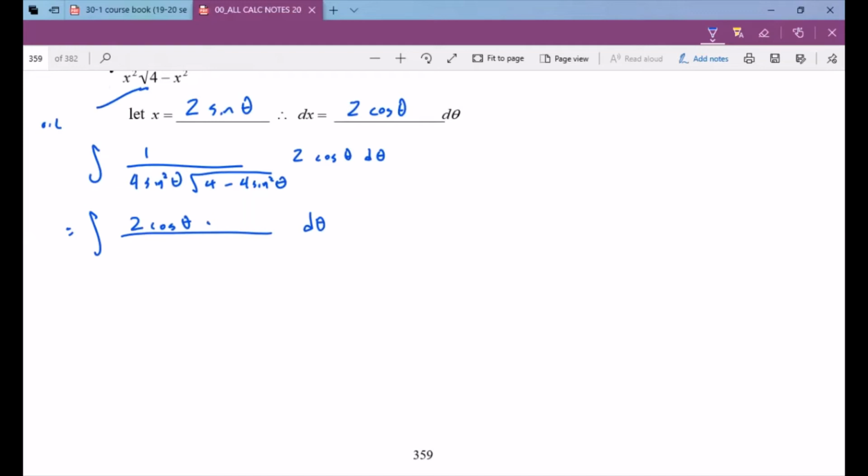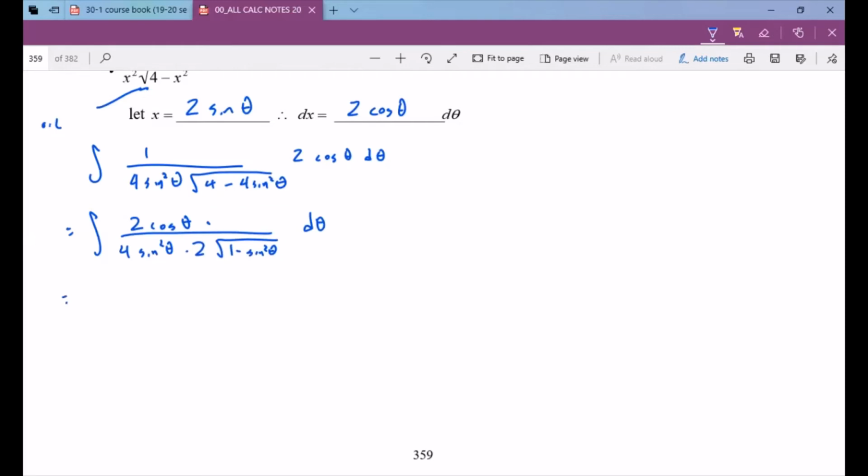And what do we have going on in here? We have 4 sine squared theta. If I common factor a 4 out from this 4 minus 4 sine squared theta as the radicand, and then I square root that, that comes out as a 2 times the square root of 1 minus sine squared. So we're factoring 4 out, but it's under the radical. Square root of 4 is 2 when it comes out.